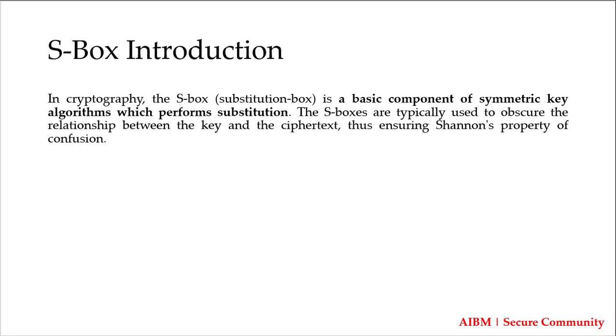As a simple introduction about S-Box, in cryptography the S-Box is a basic component of symmetric key algorithms which performs substitutions. The S-Boxes are typically used to obscure the relationship between the key and the ciphertext, thus ensuring Shannon's property of confusion.